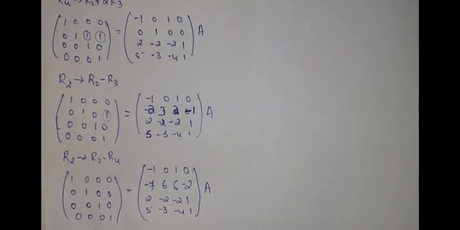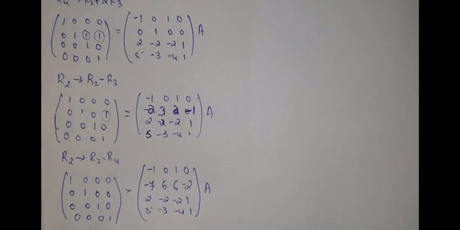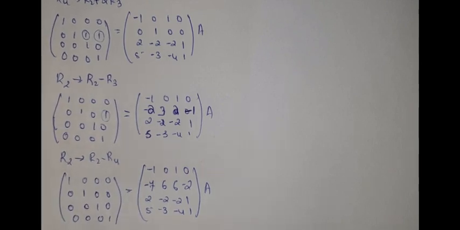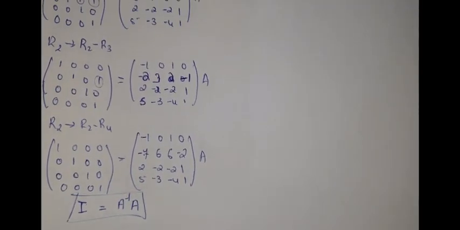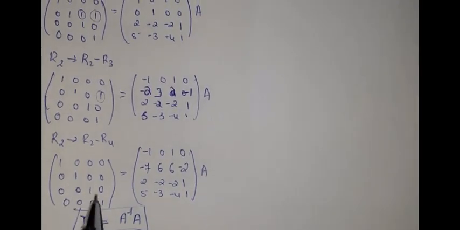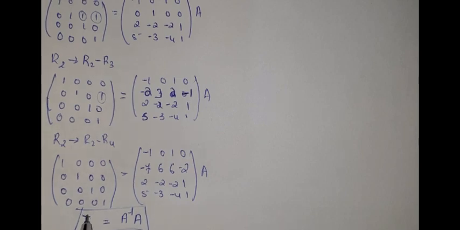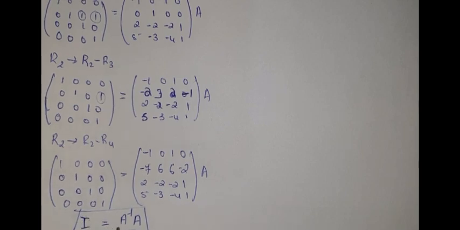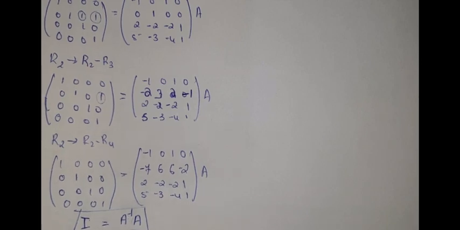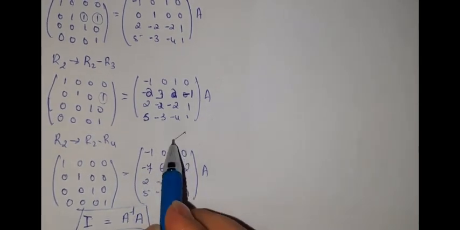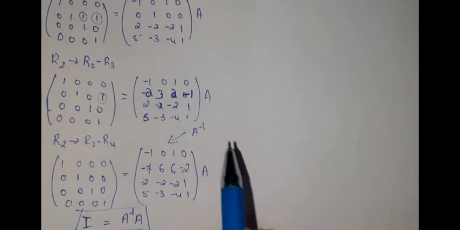Yeah, so this becomes I. You can see here, this becomes I only when any matrix is multiplied with its inverse. So from here, comparing these equations, we get this to be A inverse.